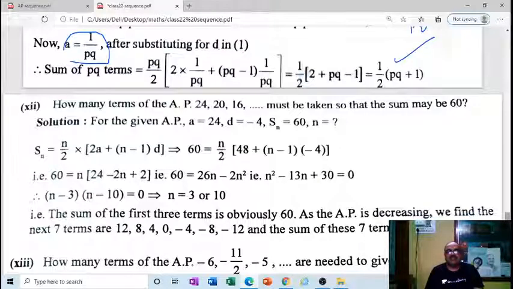The sum of the first 3 terms is obviously 60. 24, 20 and 16, if you add, you will get the total as 60. How many terms need to be taken? If you find the remaining terms in the series also, after 16 it becomes 12, then 8, then 4, then 0, then minus 4, minus 8.